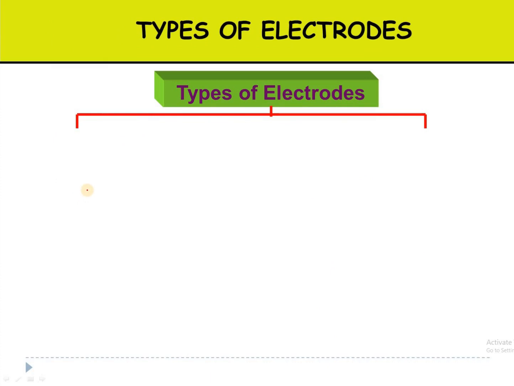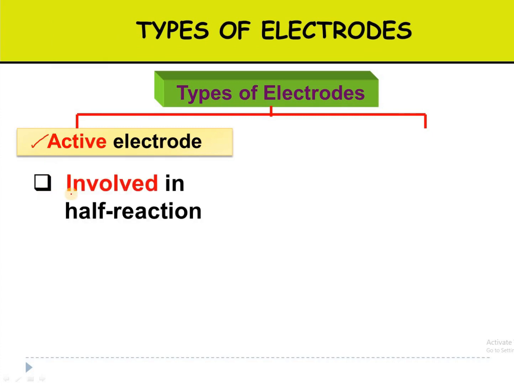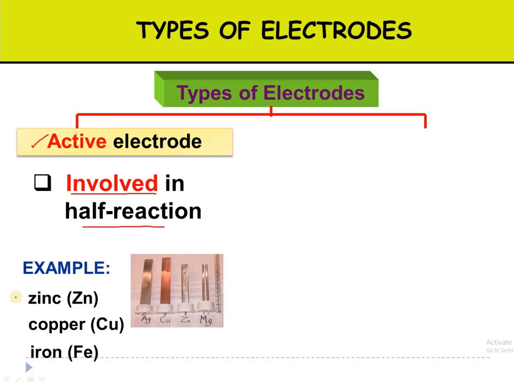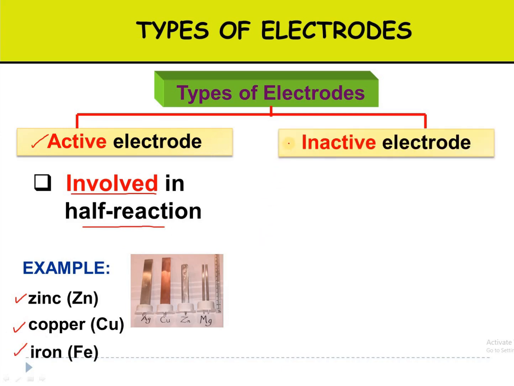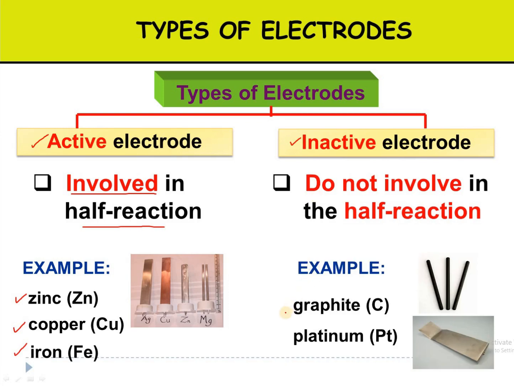There are two types of electrode. First, active electrode. Active electrode is involved in the half reaction, for example zinc electrode, copper electrode and iron. The second is inactive electrode. Inactive electrode does not get involved in the half reaction, for example graphite electrode and platinum electrode.